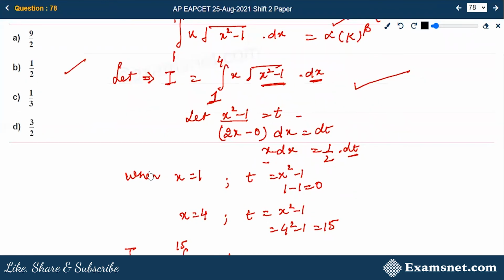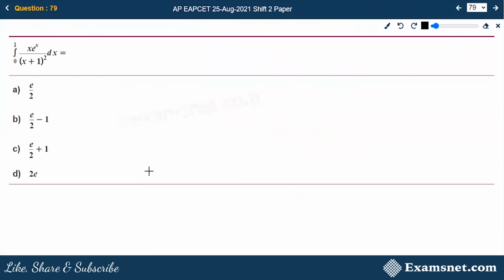Next question, question number 79. Integral from 0 to 1 of x into e raised to power x divided by x plus 1 whole square dx. Suppose I is this integral from 0 to 1 of x e^x divided by x plus 1 square dx. Right?